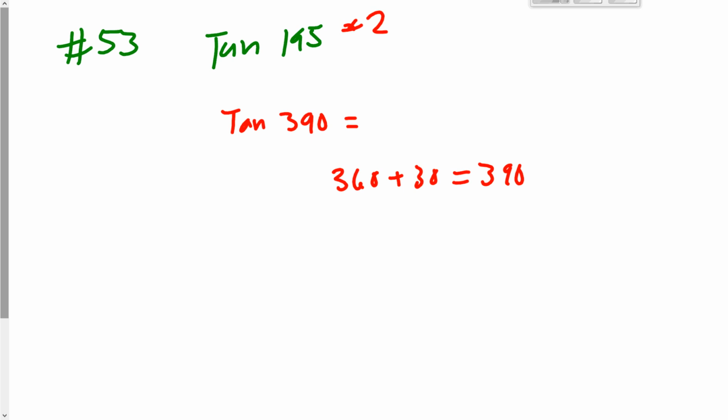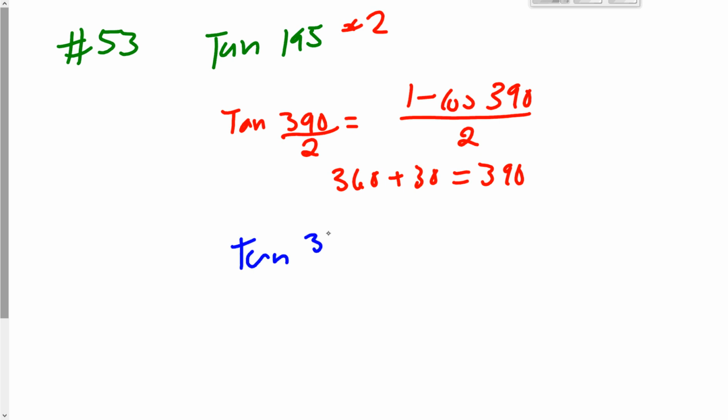So how about 1 minus cosine of A, and A is 390, because A is on the top, right? So 390, not 195, because I don't know 195, all over 2. And 390 is really just cosine of 30.